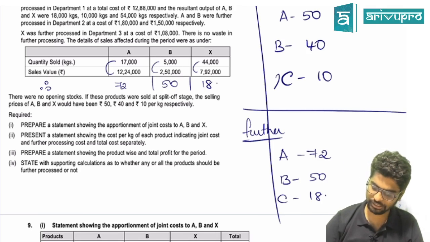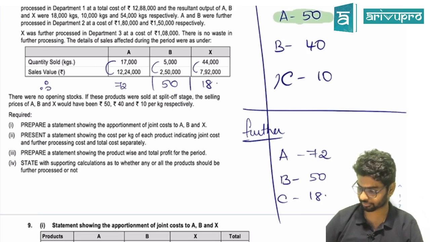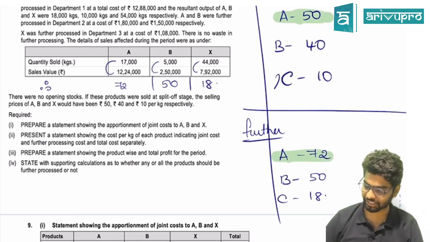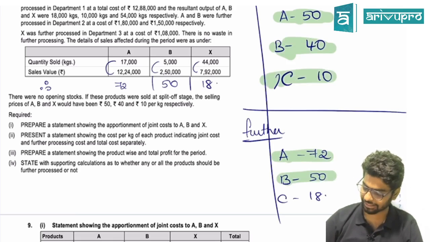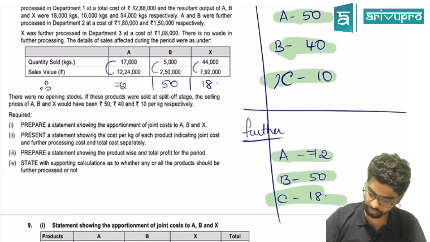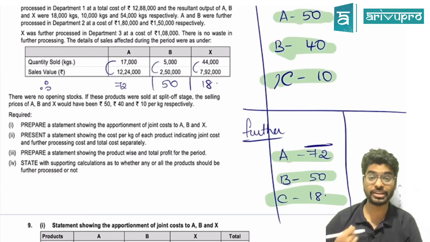Now see here guys, A was earlier getting sold for 50, here it is 72, B was 40, here it is 50, X was 10 and 18. Now to sell this for 72, I have to incur additional cost.